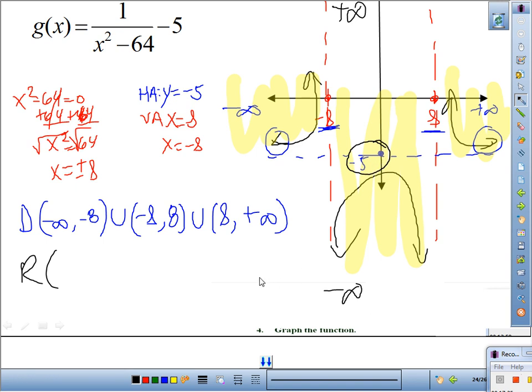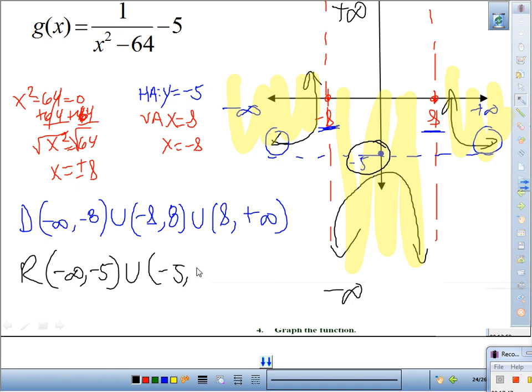So my range is going to go from here to here and from here to there. So it should read negative infinity, comma, negative 5, union, what else? Negative 5 to positive infinity. We good? All right. Let's crank it up a notch, yeah?